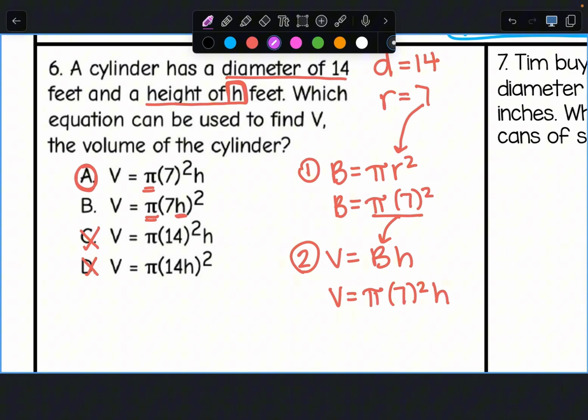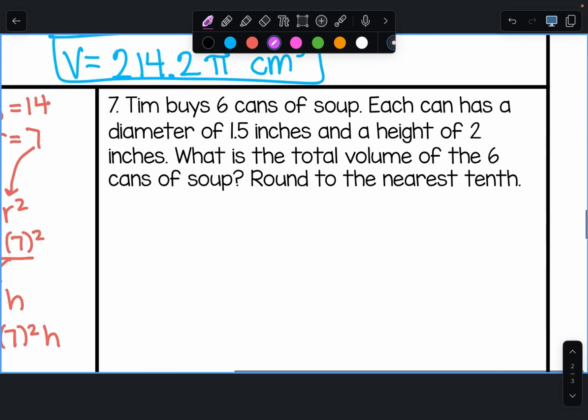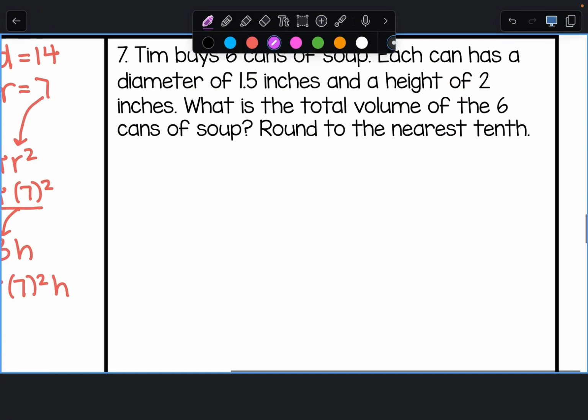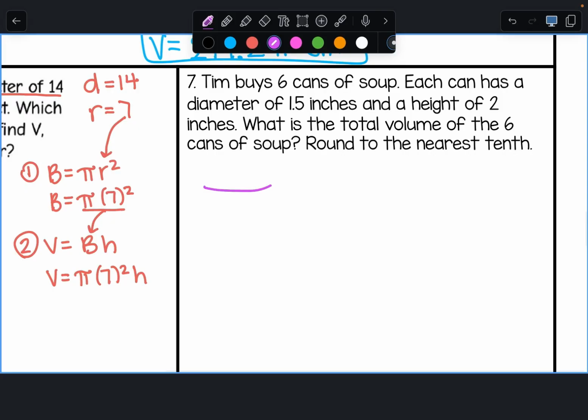Number 7. Tim buys 6 cans of soup. We don't have a picture, so what are we going to do? Draw it. Circle. All right. Highlight my bases. All right.